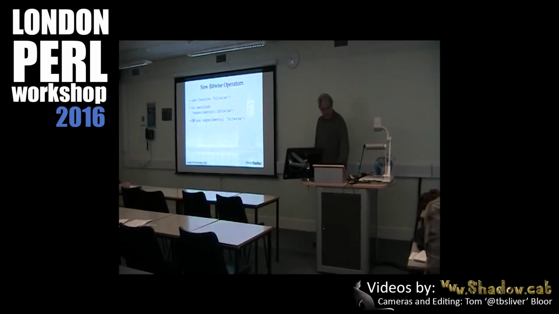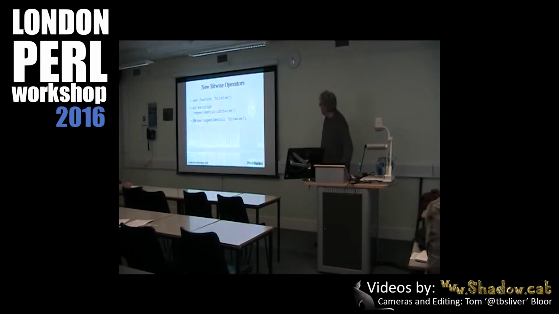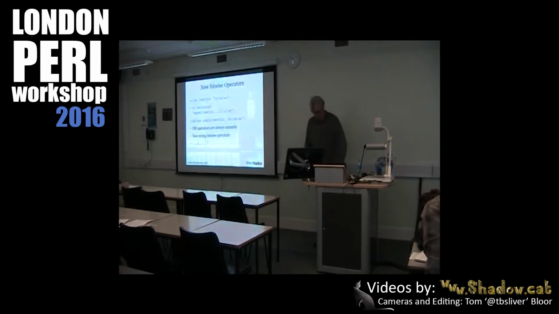Or actually you can shortcut it for some reason. There's a shortcut version of doing that. And then it changes the behaviours of the old operators so they always expect numerics, and there are new string bitwise operators, which are the same as the old bitwise operators, just with a dot after them, which makes that line of my slide look rather confusing, I'm afraid.